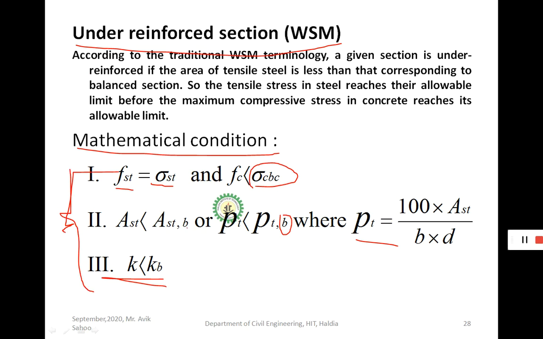If I check one condition, suppose I check only this condition, K less than KB, then you say that this section is under reinforced. The other conditions, FST is equal to sigma st and AST is less than ASTB, are automatically satisfied. So if I check one condition, the other conditions are also automatically satisfied, and we write that the section is under reinforced.